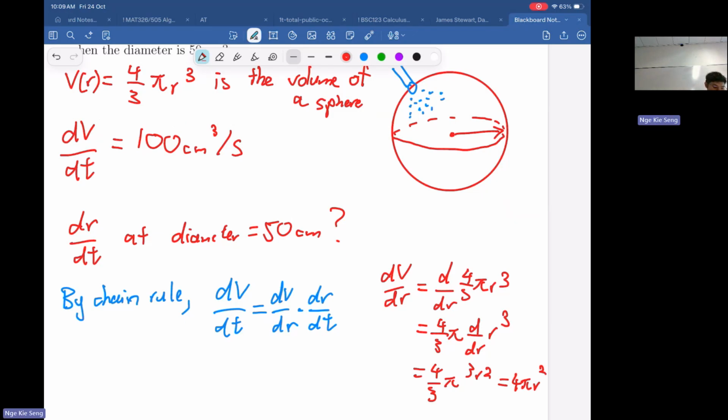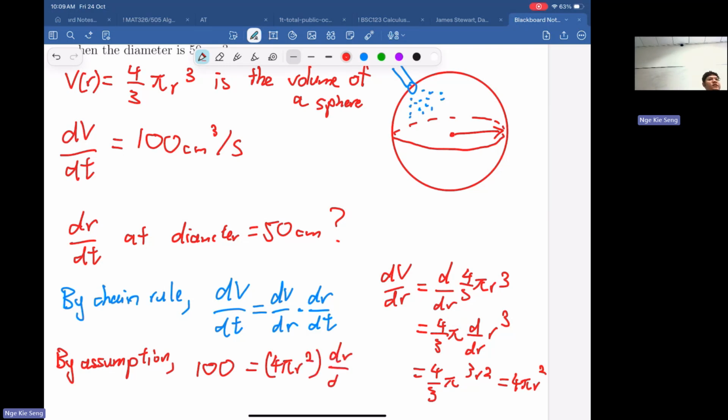Then you can substitute your assumption in. dV dt is 100, and dV dr is the formula 4 pi r squared, times dr dt.